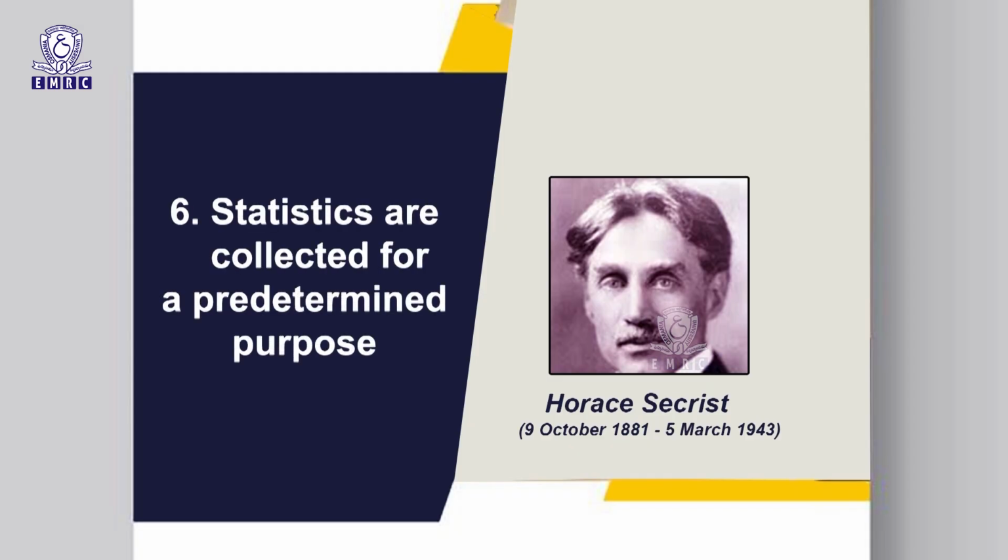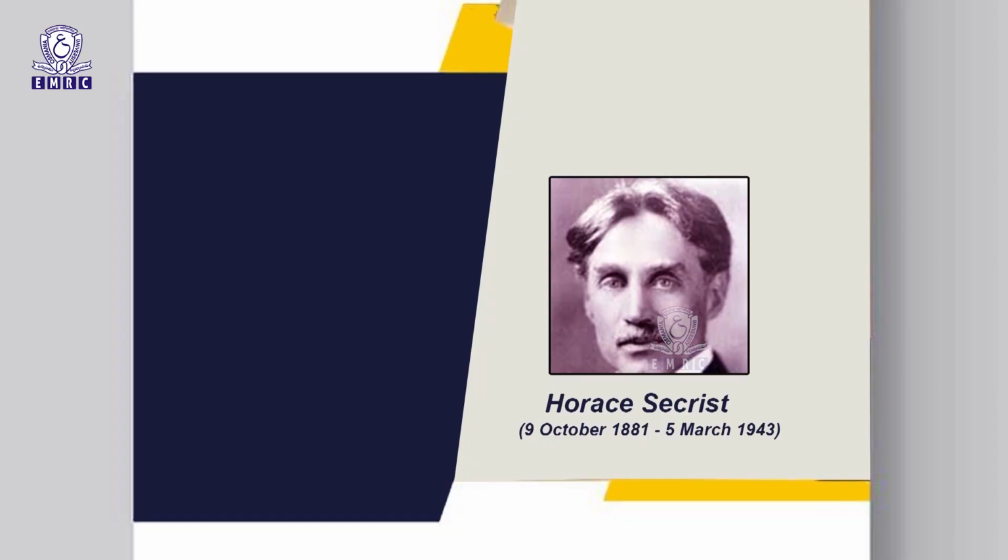Sixth, statistics are collected for a predetermined purpose. That is, it is necessary to define the objective of inquiry before collecting the statistics. The objective of inquiry must be specific and well defined.